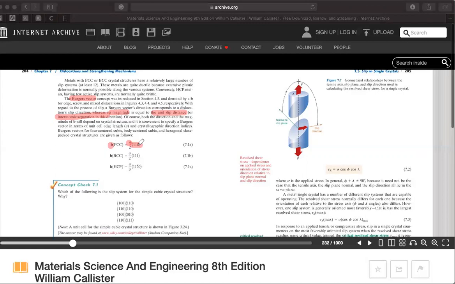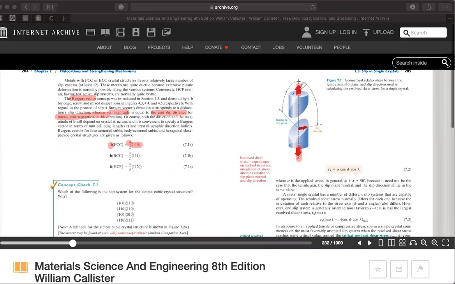Great. Now the question that we have: how are we going to have a shear stress inside the material if we are only applying tensile stress? Imagine you have this cylinder and you're applying uniaxial stress, whether it's tensile or compressive.